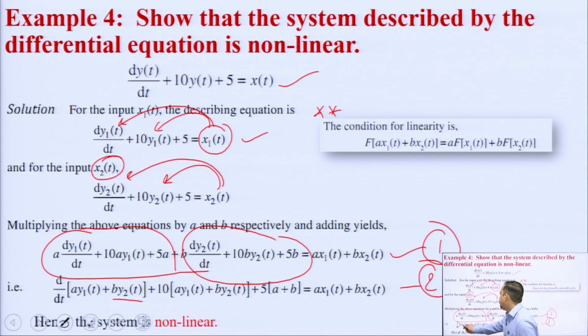If we open this, a times the derivative of y1(t), d by dt, here we are having b multiplied by the derivative of y2(t) plus 10 times a y1(t) plus 10 times b y2(t) plus 5a plus 5b, like this. So we can see equation 1 and equation number 2, they are a bit different.